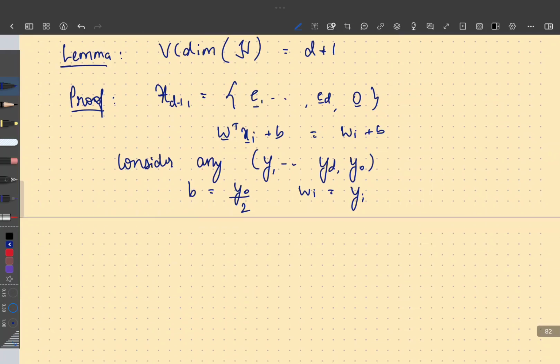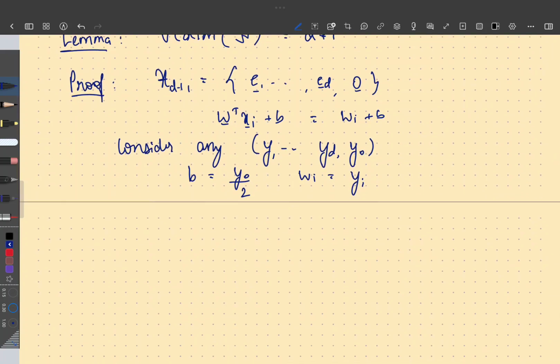So the sign of w transpose times the 0 vector plus b is the sign of y0 by 2, which is exactly y0.